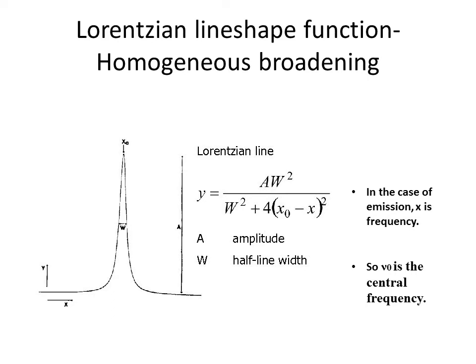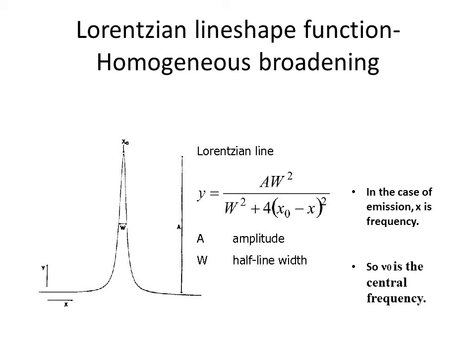W can be some function which is related to the time, or the time constant, in that broadening mechanism. So w square is in the denominator also. But what is important is this term, x0 minus x the whole square, in the denominator. In order to identify the Lorentzian function, this is what we are looking for: whether we have this kind of x0 minus x the whole square term in the denominator.